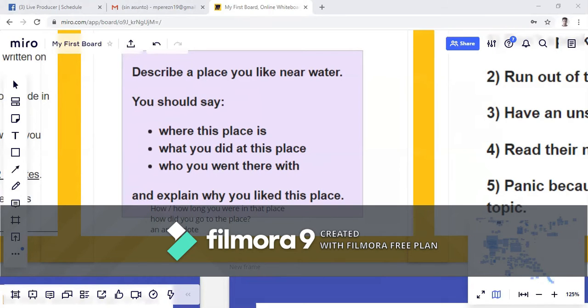Well, I think that, about a place near water, I like to travel to the north of Lima, to a town. Its name is Chancay City.